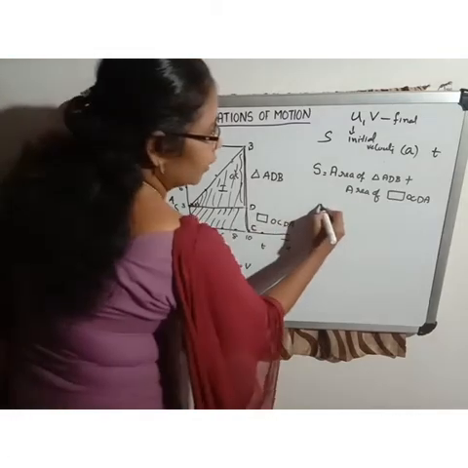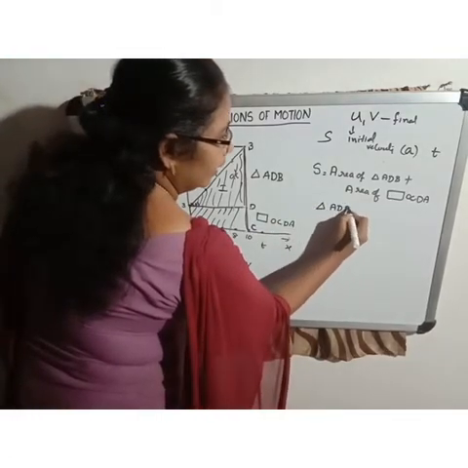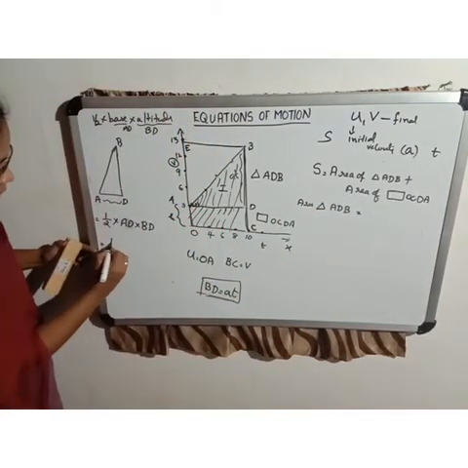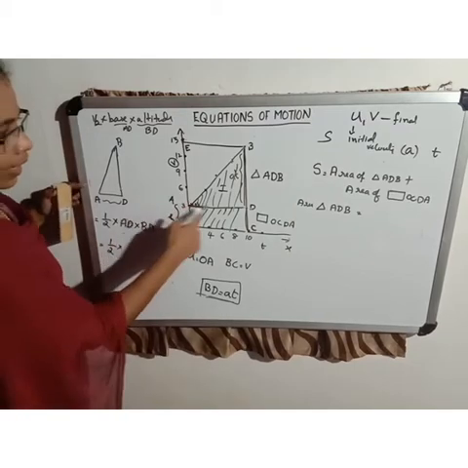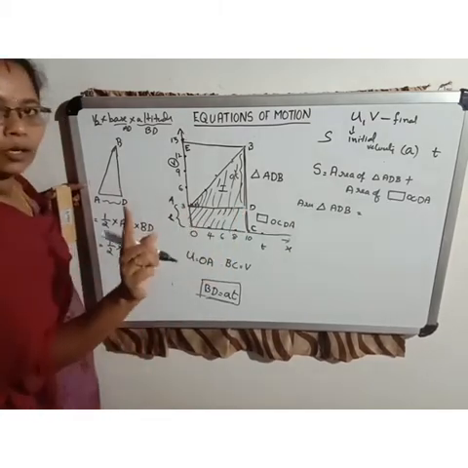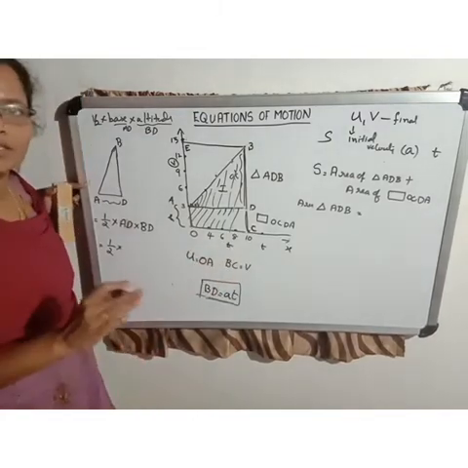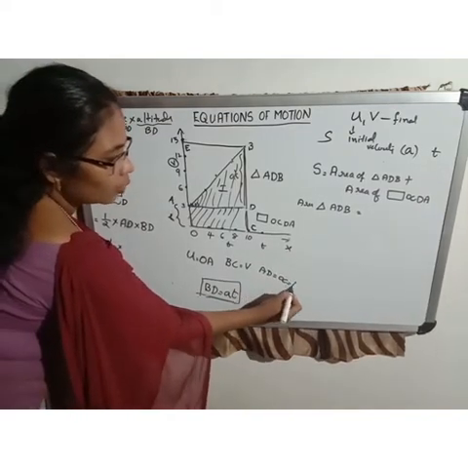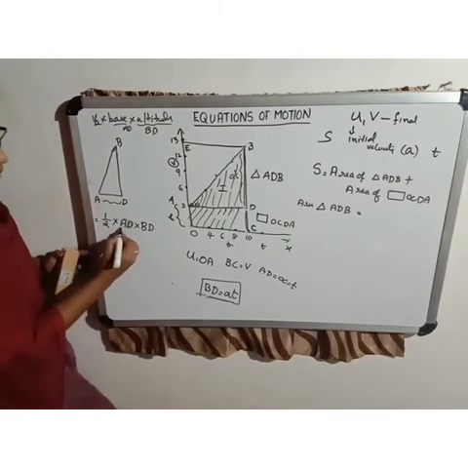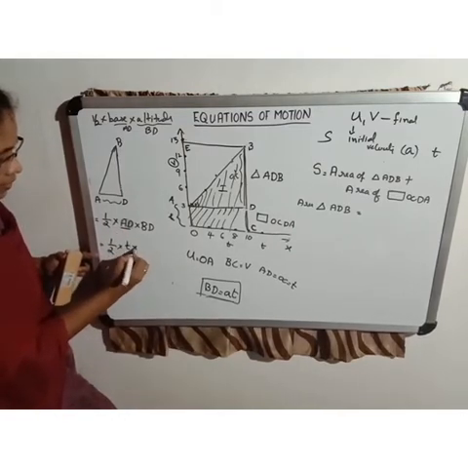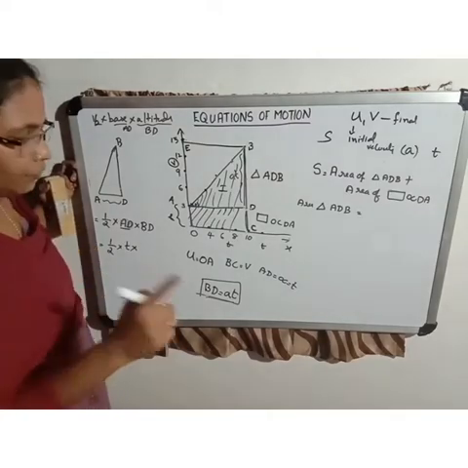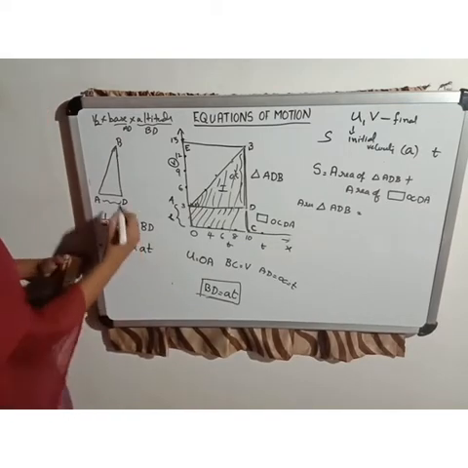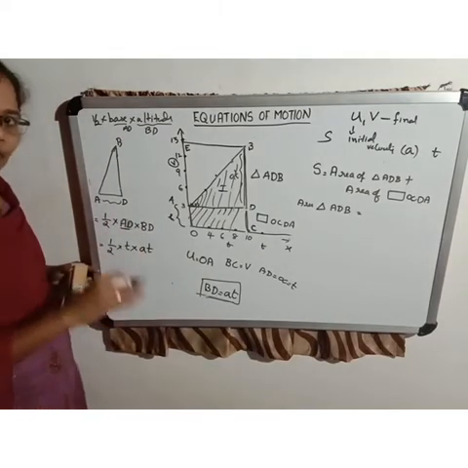So the area of triangle ADB is equal to half into AD. AD and OC are equal, which is given by the time interval T. So instead of AD, I can write T. In the last derivation, we got BD, which is at. So BD we already got from the last derivation.